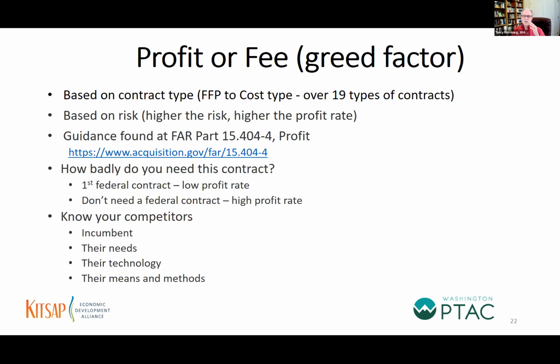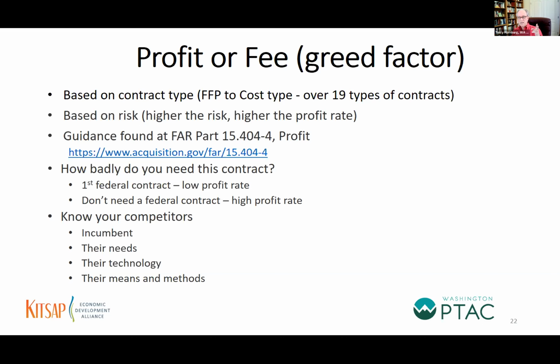Okay. But keep in mind and I've written down here, there are over 19 types of contracts between firm fixed price and a cost type contract. They are covered in FAR Part 16 of the Federal Acquisition Regulations that talks about all the different types of contracts. The agency that I retired from would be contract type number 20.